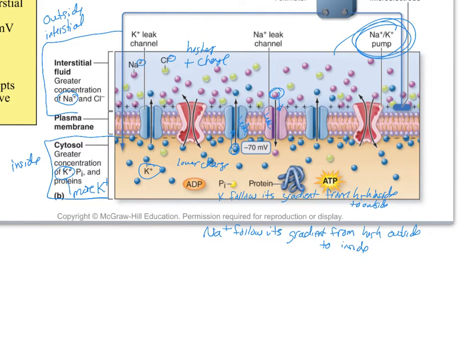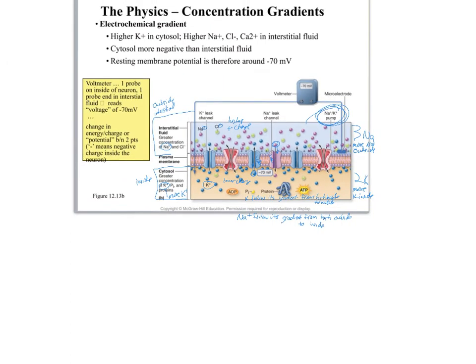What it's going to be doing is chucking things in opposite directions, so that it basically is going to push the sodium out and pull the potassium back in, in order to maintain the 3:2 ratio of sodium to potassium. And this basically keeps more potassium inside and more sodium outside as well.